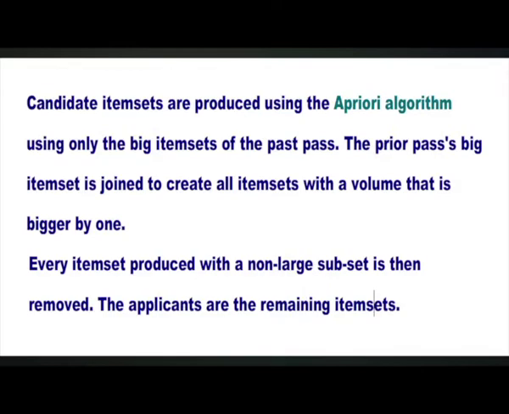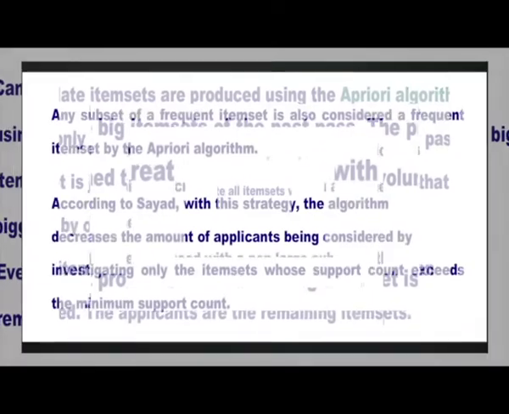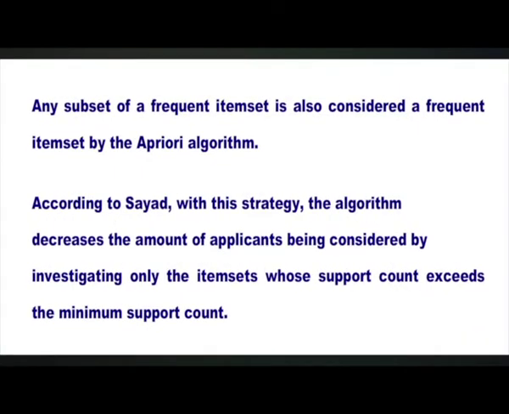The candidates are the remaining item sets. Any subset of a frequent item set is also considered a frequent item set by the Apriori algorithm. According to Syed, with this strategy, the algorithm decreases the number of candidates being considered by investigating only the item sets whose support count exceeds the minimum support count.